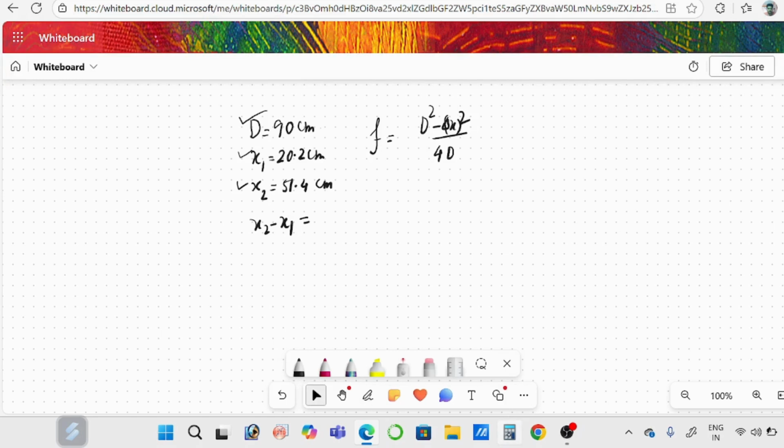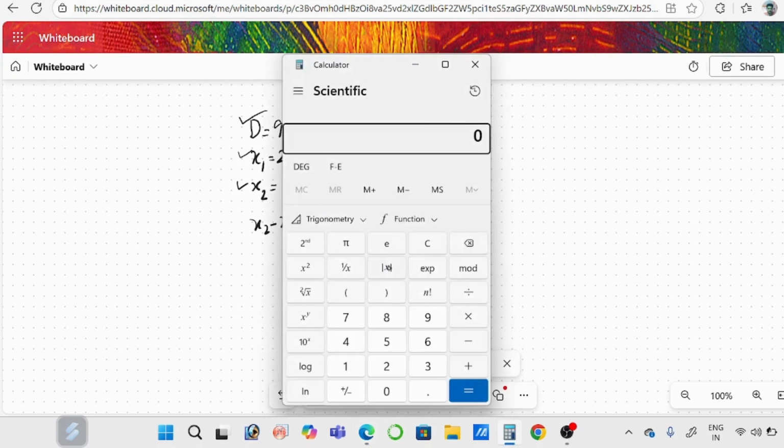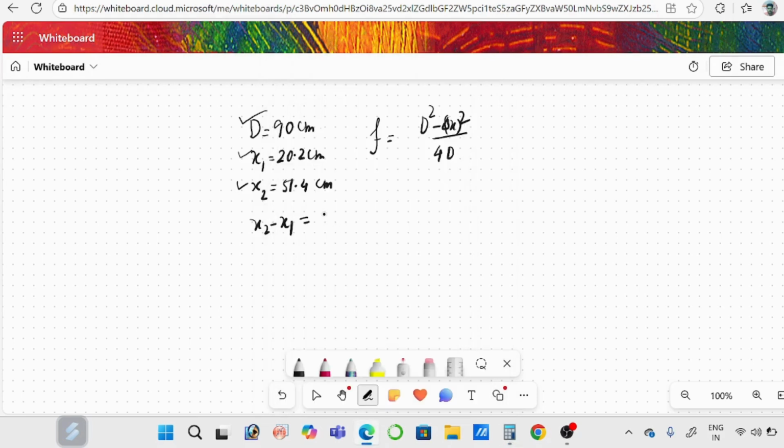Now X2 is 51.4 minus 20.2 and this is 31.2. So X2 minus X1 is 31.2.